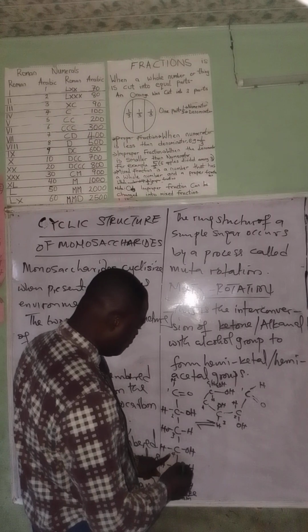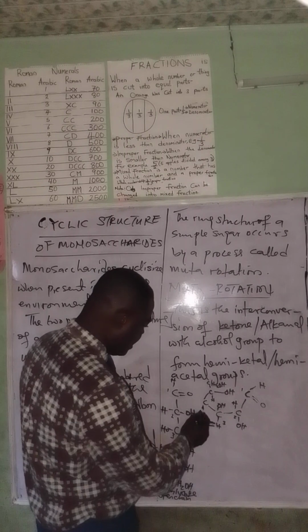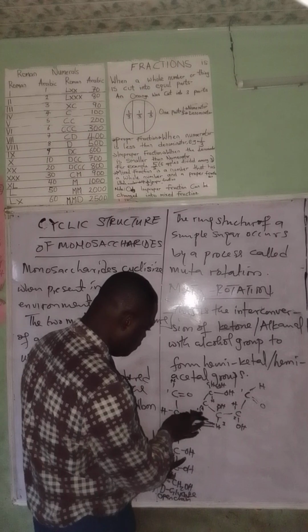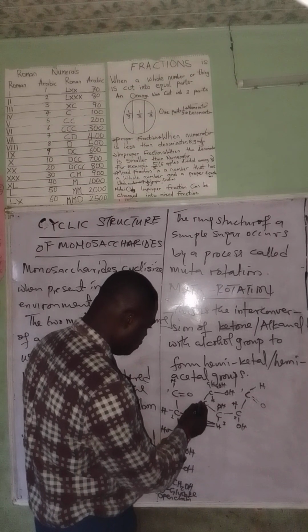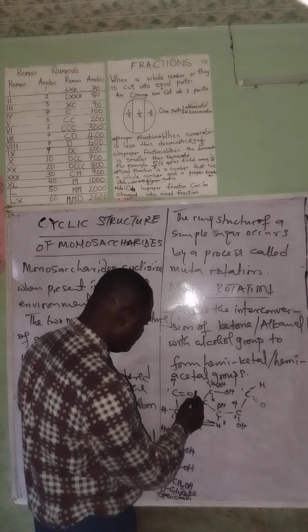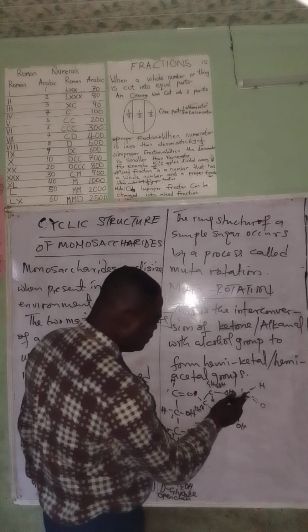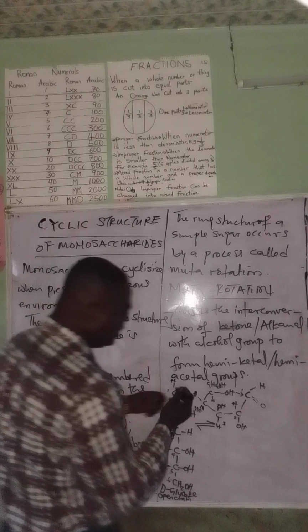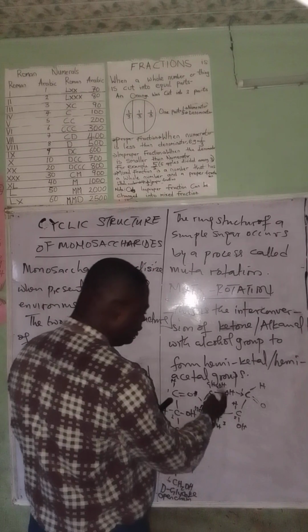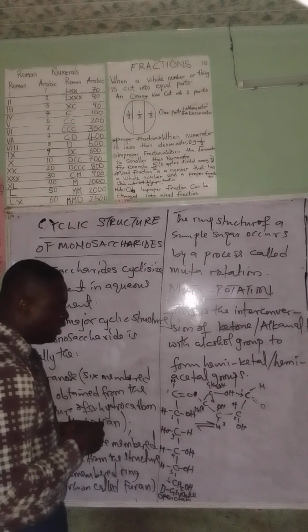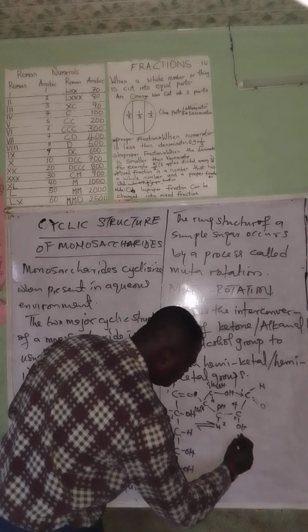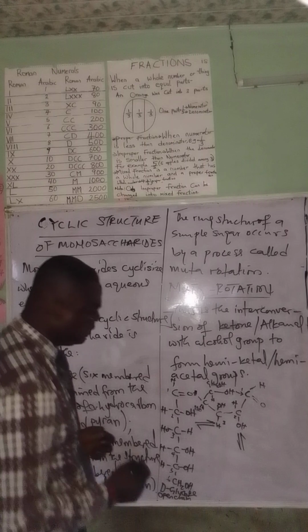Then carbon number 4, OH is down, while hydrogen is up. So there is going to be an interconversion here. I put an arrow here. So between this group and this OH group, something will happen. Let's see what will happen here.